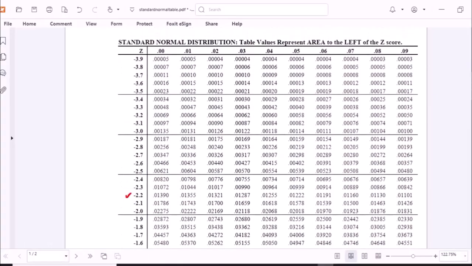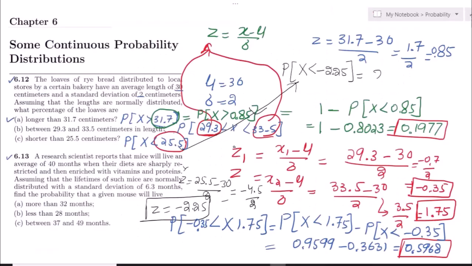This is minus 2.2, and the 5 is here. So this is 0.0122, and that is the solution of part C of my question 6.12. Okay, so that is for question 6.12.